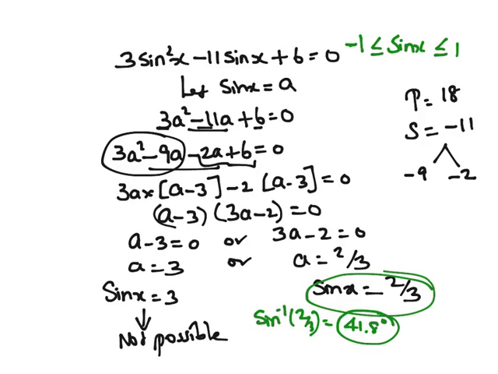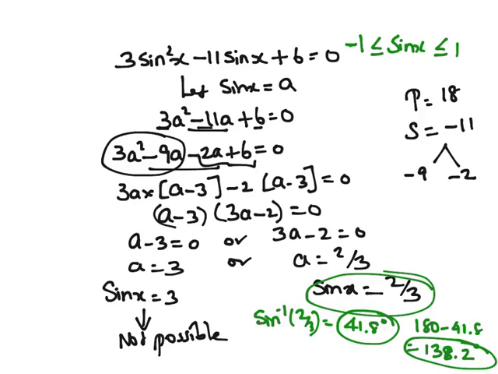To find the second quadrant angle, very simple, you subtract 41.8 from 180. So 180 minus 41.8 will give you 138.2 degrees.